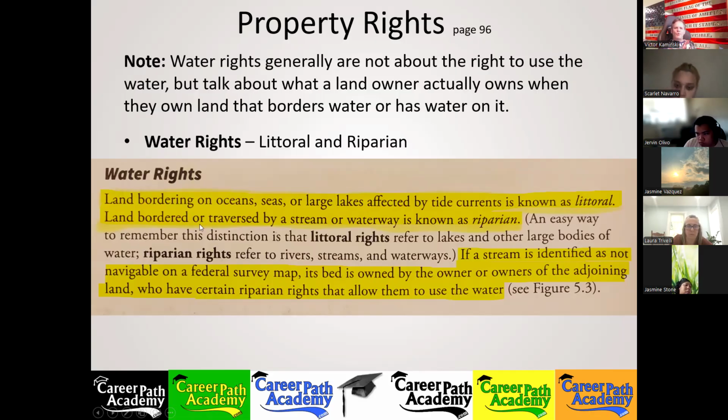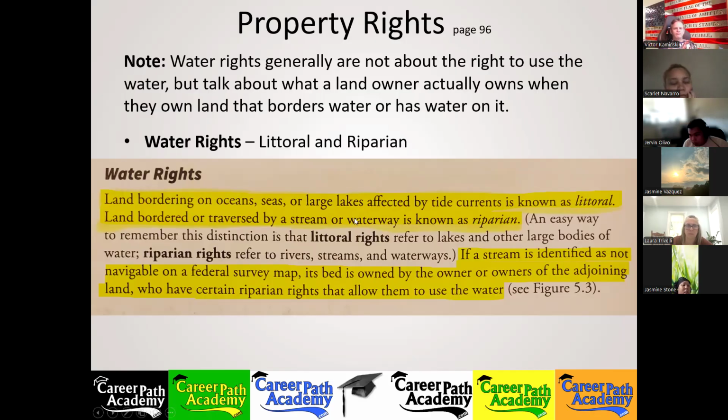Land that is bordered or traversed by a stream or river or waterway is known as riparian. So think of little streams and rivers. Don't think about the raging Mississippi. Think about little streams or rivers, those are riparian property rights. They begin with an R, so does a river.